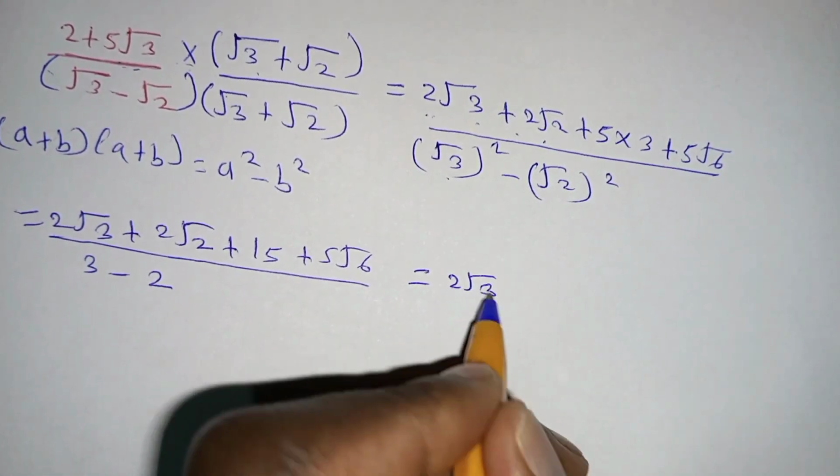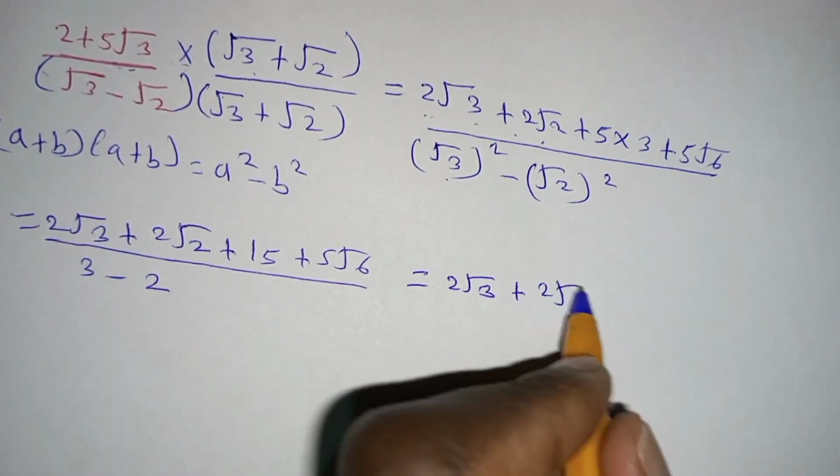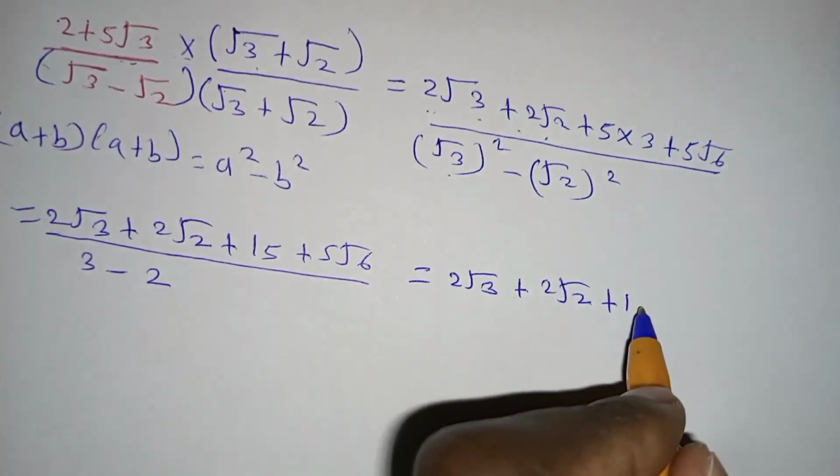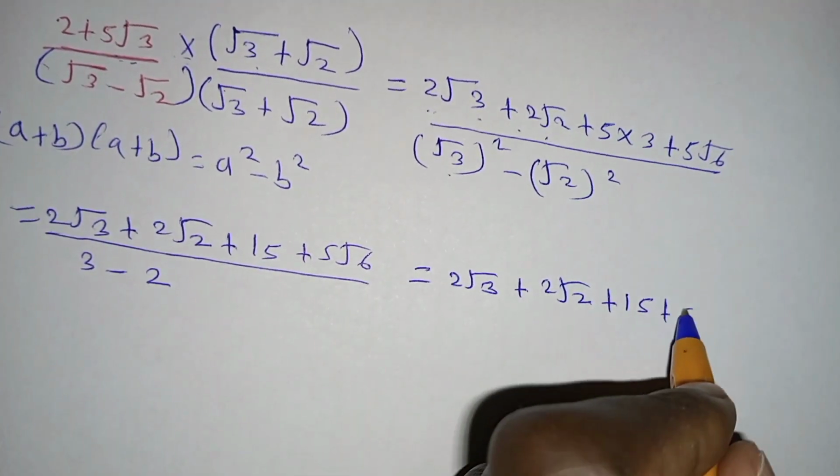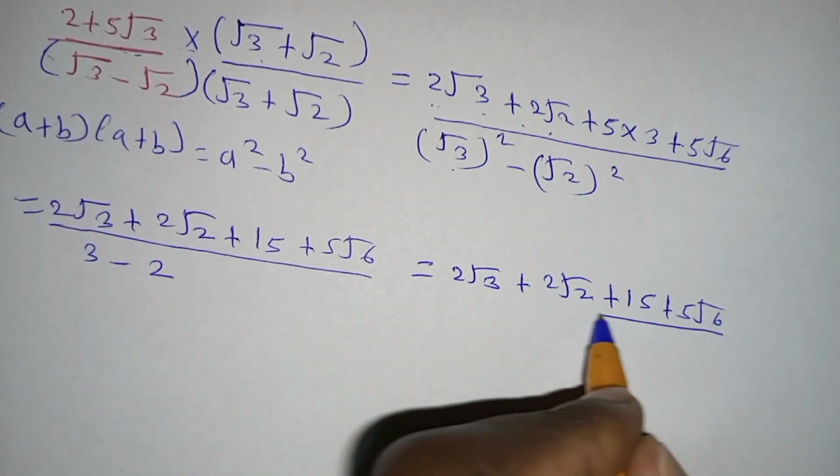Root 3 plus 2 root 2 plus 15 plus 5 root 6 divided by 1.